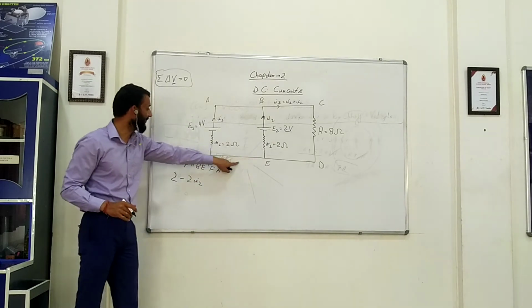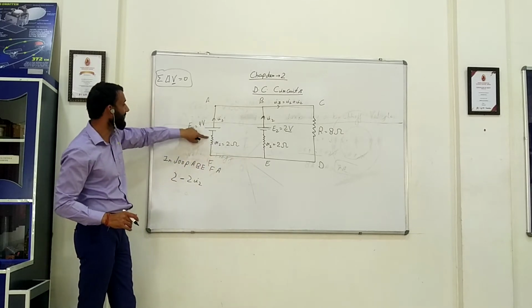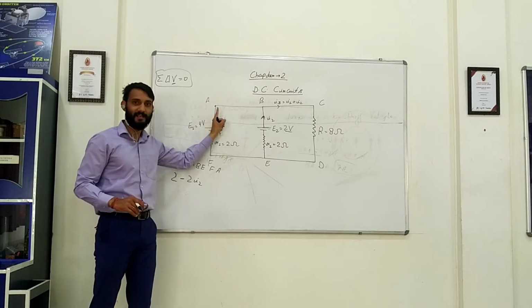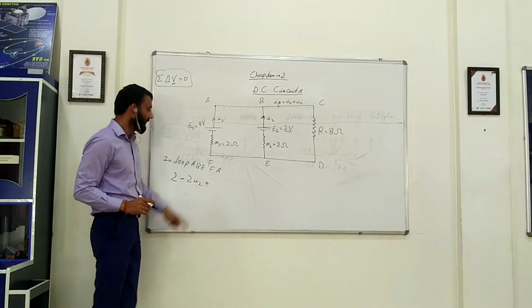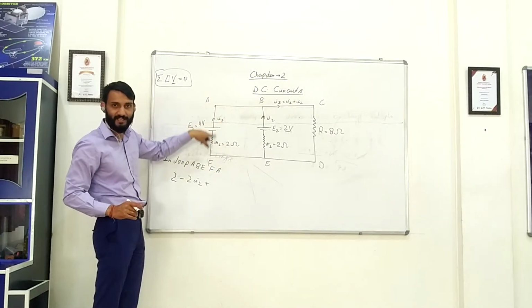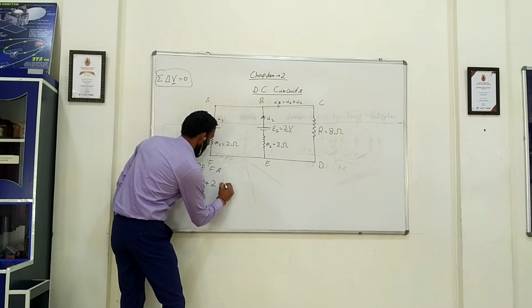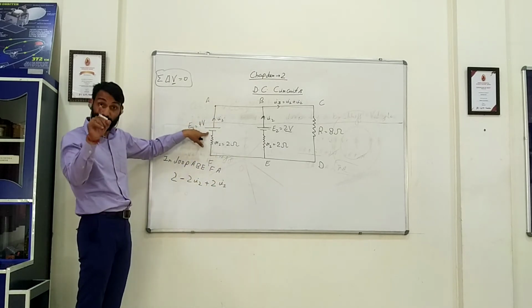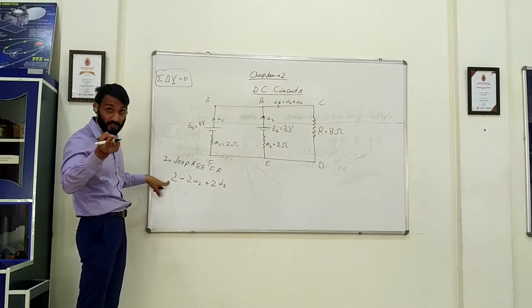Now I start coming here. Am I moving in the direction of the current? The answer is yes, because I1 is going like this and I am also moving in this direction now. So plus will come, and this 2 will be multiplied by I1 because I1 is the current in this branch. So plus 2 I1. And where have I reached? I have reached the negative of the battery. If I reach the positive of the battery, I write positive potential.